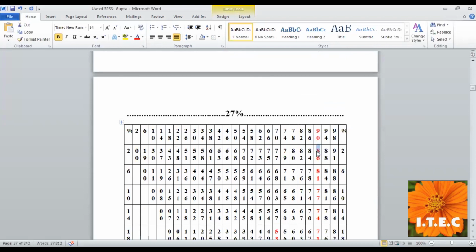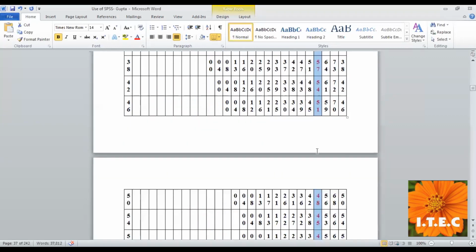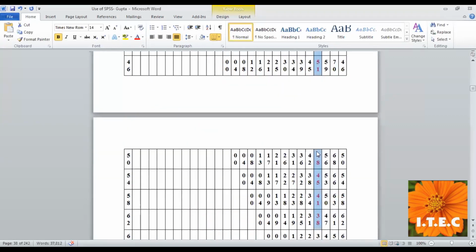And if you go down and down and down, then you come to 58 and 60. So this is 58 and this is 62.